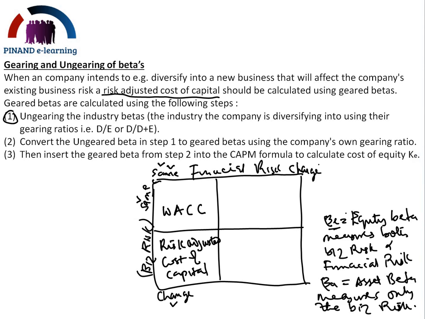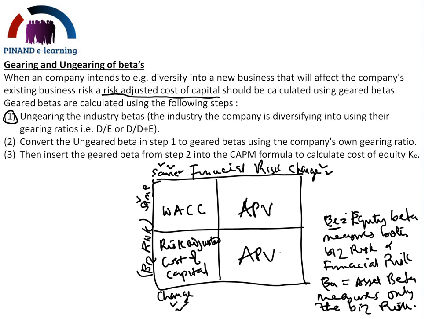If the financial risk is going to change for any reason, and the business risk is the same, it's appropriate for you to use APV, adjusted present value technique. If the financial risk is going to change and the business risk will change, you are expected to still use adjusted present value technique.